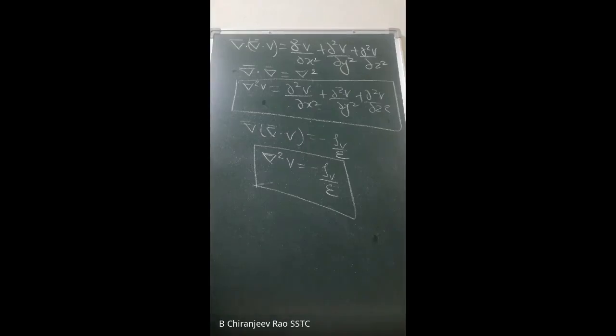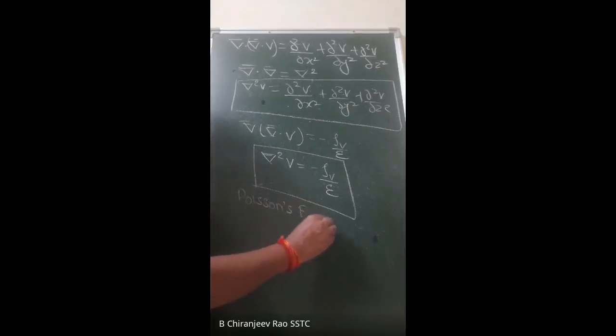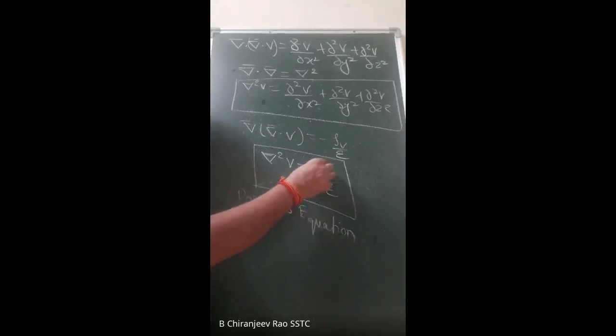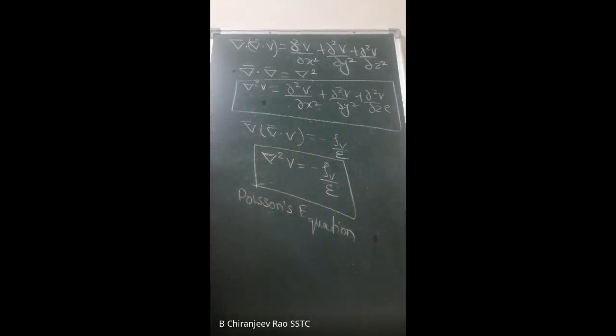So this equation is known as Poisson's equation. Okay, so if V is given, you can find rho V directly. And what is Laplace equation?